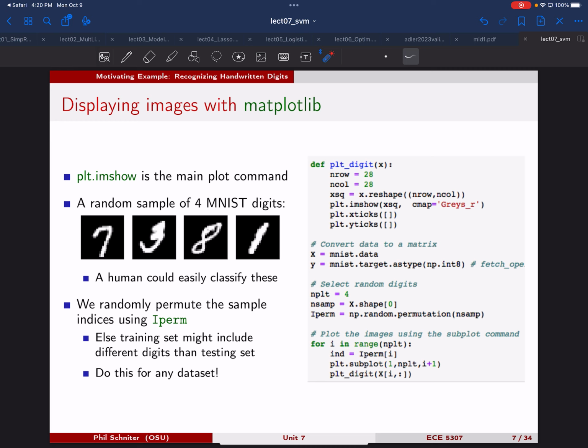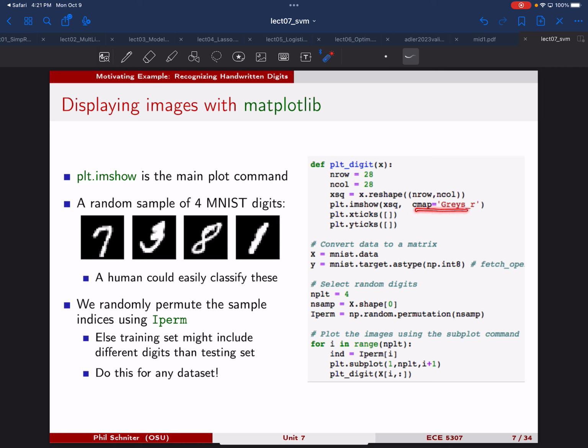Every row is a new data sample, so a new image, and across the columns are the pixels, so you're going to have 784 columns. To plot this, you want to put it back into image form. So we tell it to use 28 rows and columns, do this reshape command that we saw earlier, and then use the imshow command to plot that.